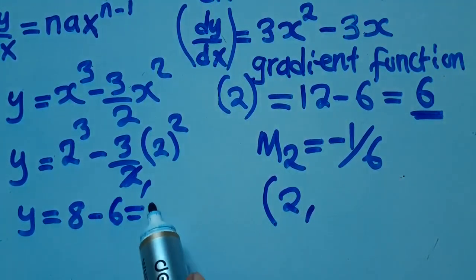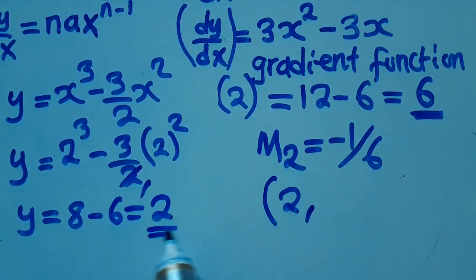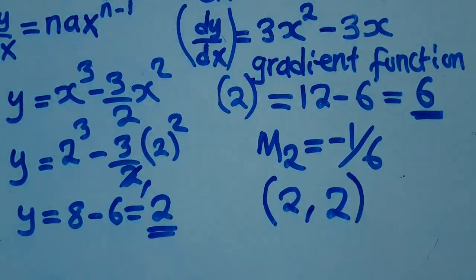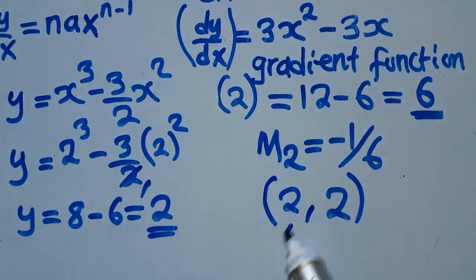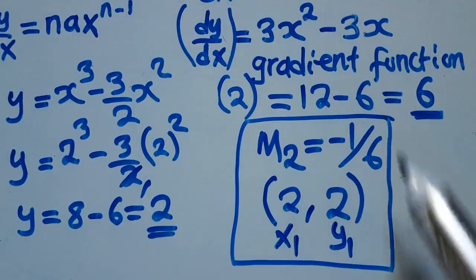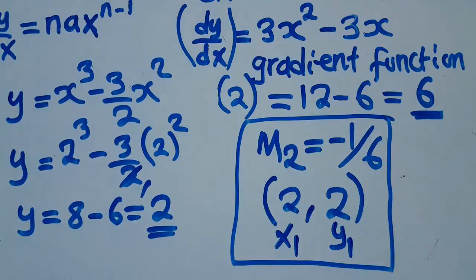So definitely the answer is also a 2. So y is also a 2. So you put a 2 there. So that is our coordinate. This is our gradient. This is our x1. This is our y1. These are the two important things that we've gathered. So now we use these two to find the equation.